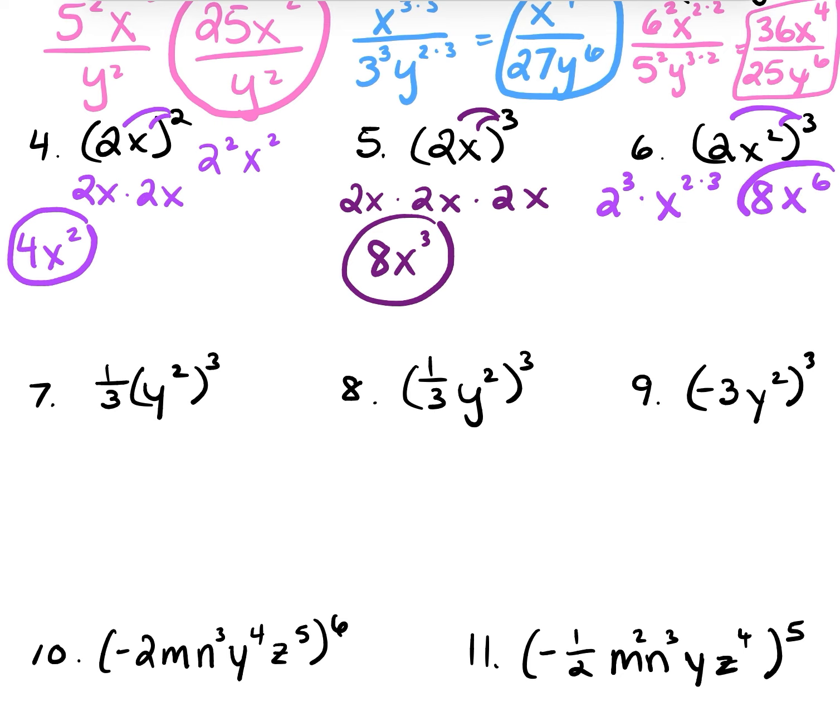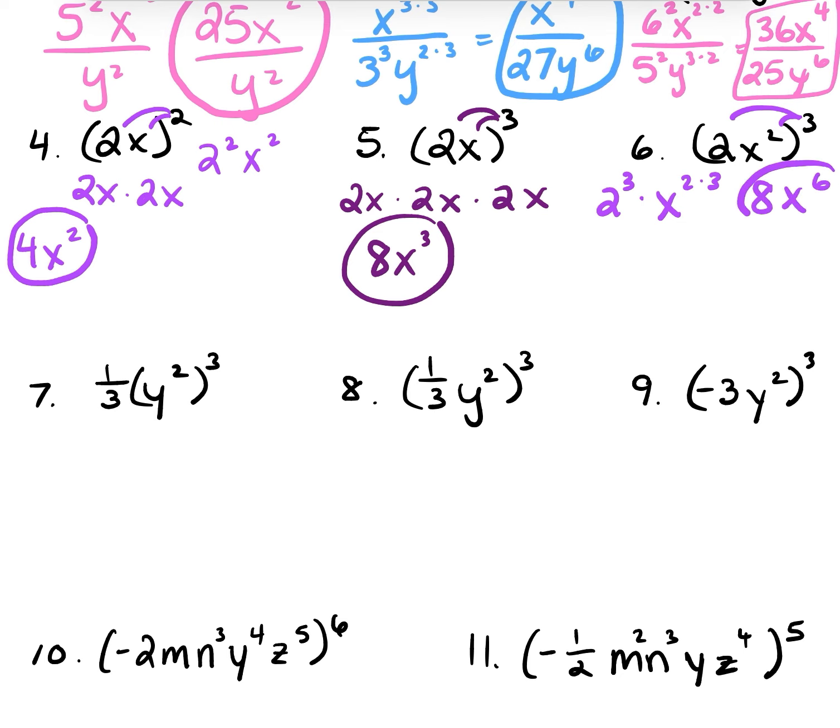And I could write that out, so 2x squared times 2x squared times 2x squared, 2 times 2 times 2 is 8, x squared times x squared times x squared is x squared plus 2 plus 2. When I'm multiplying, I'm adding my exponents, so x to the 2 plus 2 plus 2 is indeed x to the 6th power.